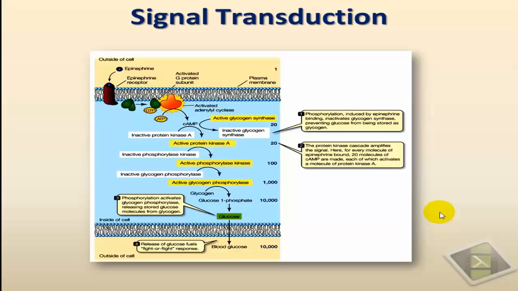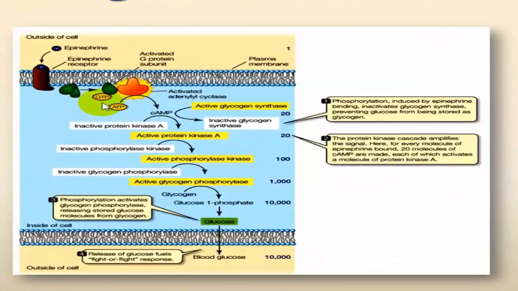And as I mentioned in the first part, signal transduction involves a process by which an external signal is converted to a different type of signal inside the cell that is amplified thousands and thousands of times.